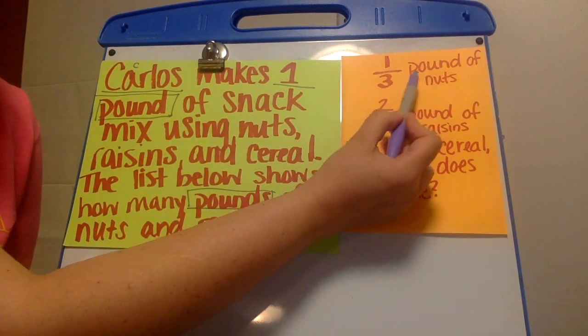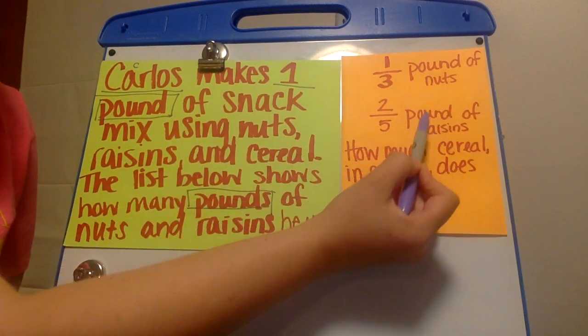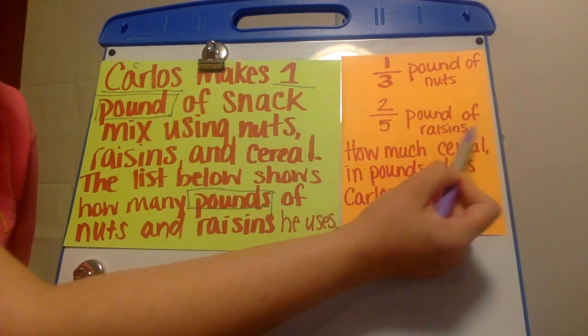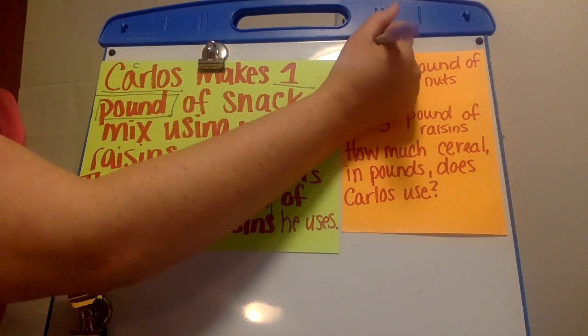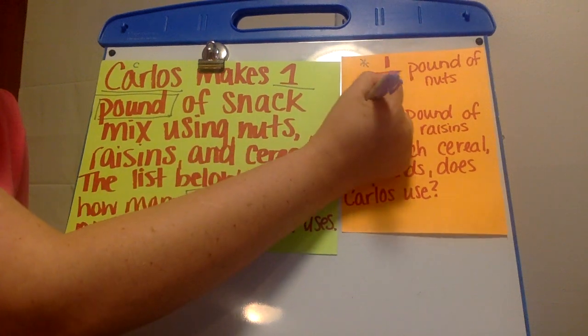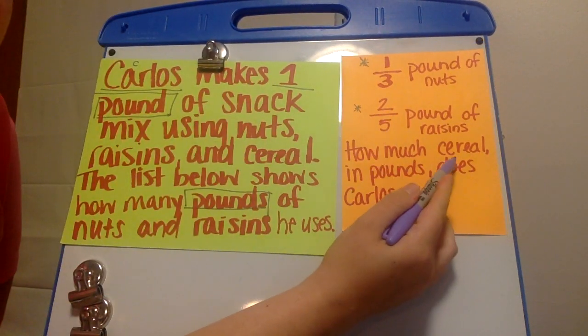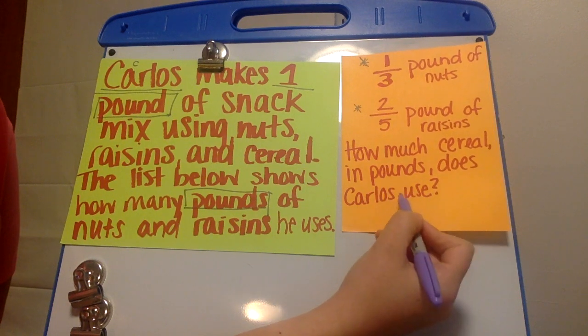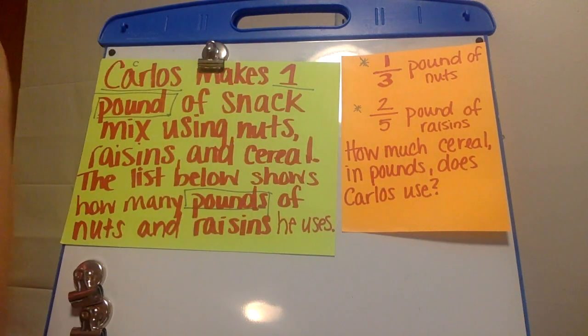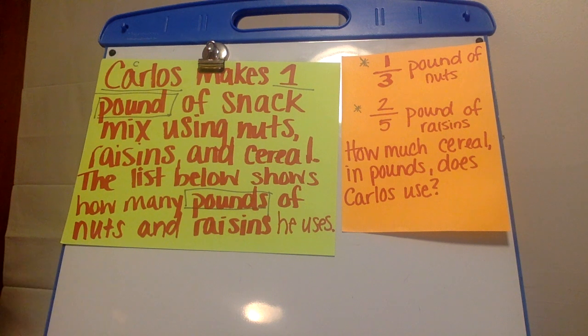Over here, 1/3 pound of nuts, 2/5 pound of raisins. Okay, so that's how much he's using. How much cereal in pounds does Carlos use? Okay, so I know that's my question.